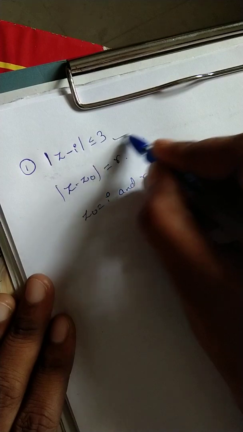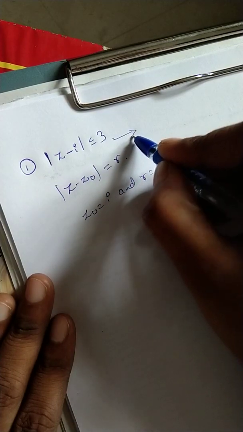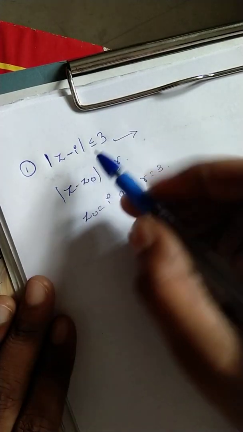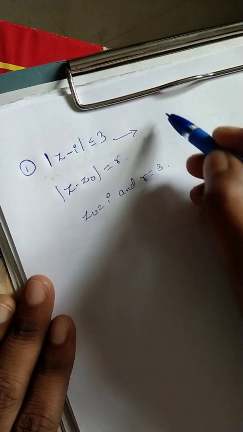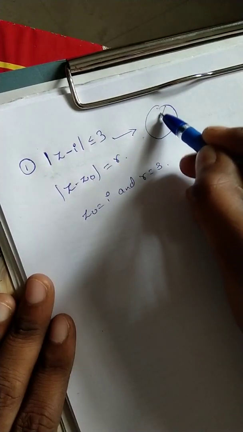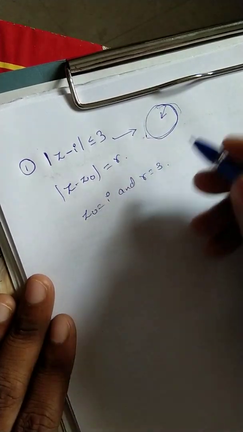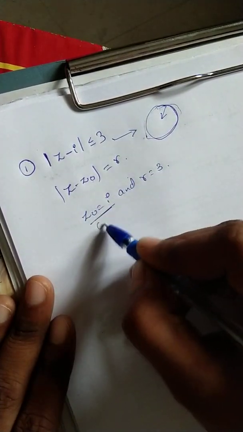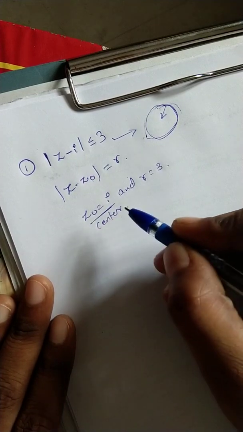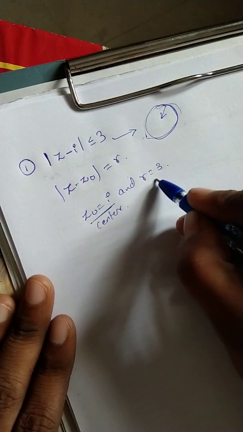This equation represents all points within and on the circle because it is less than or equals to, so inside the circle and on the circle, with the center Z naught equal to I and the radius R equal to 3.